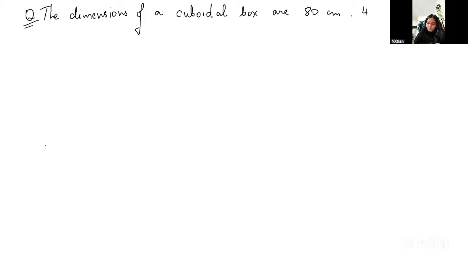The dimensions of a cuboidal box are 80 centimeter, 40 centimeter, and 20 centimeter.